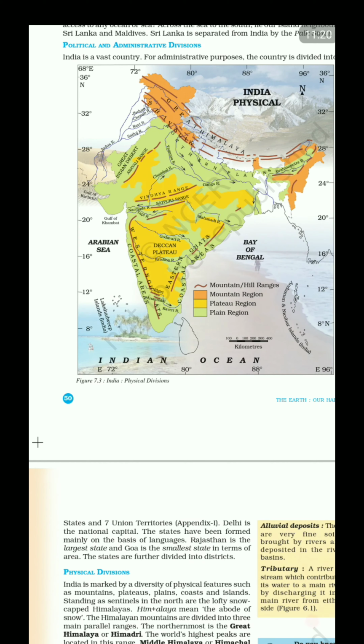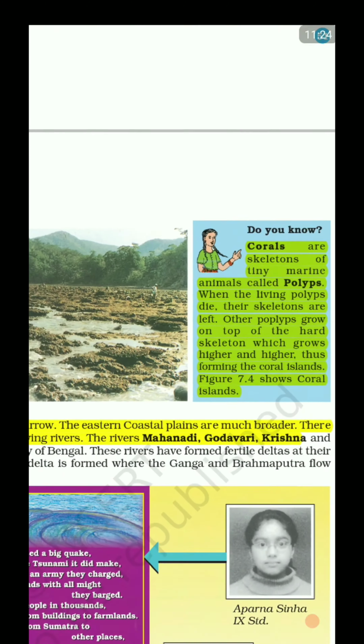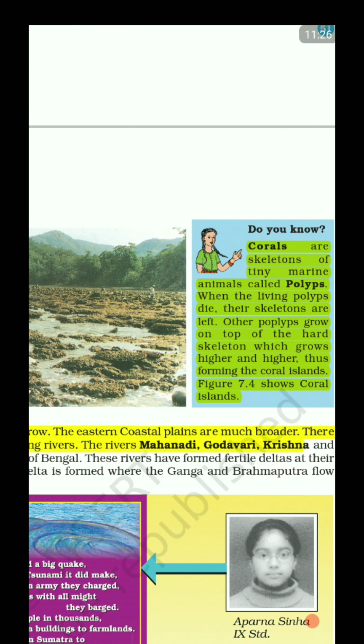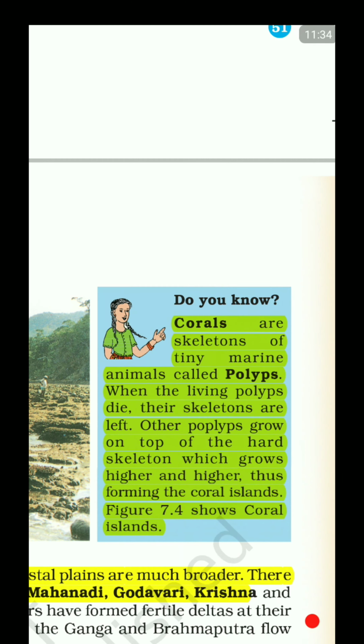The Lakshadweep Islands are formed because of coral deposition. So they are coral in nature. As it is written here, what are corals? Corals are the skeletons of tiny marine animals called polyps.